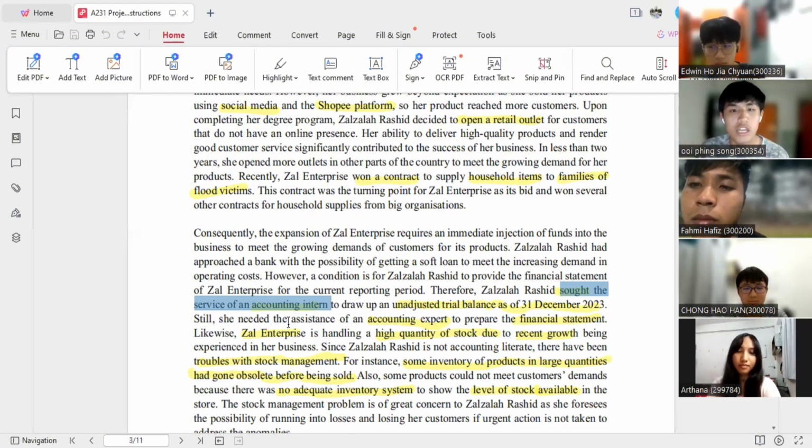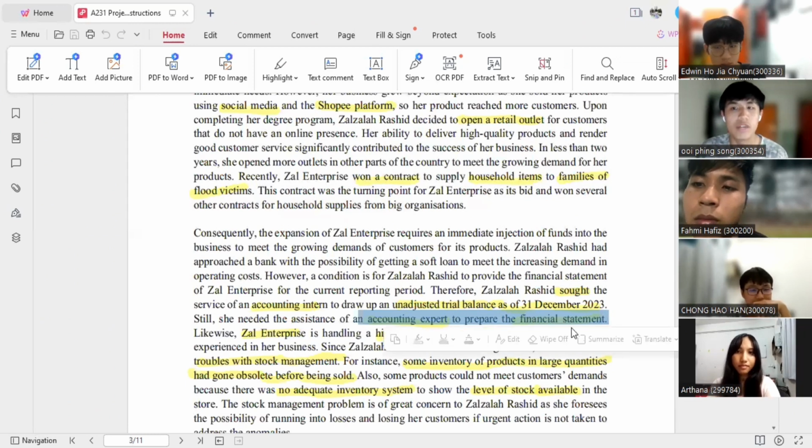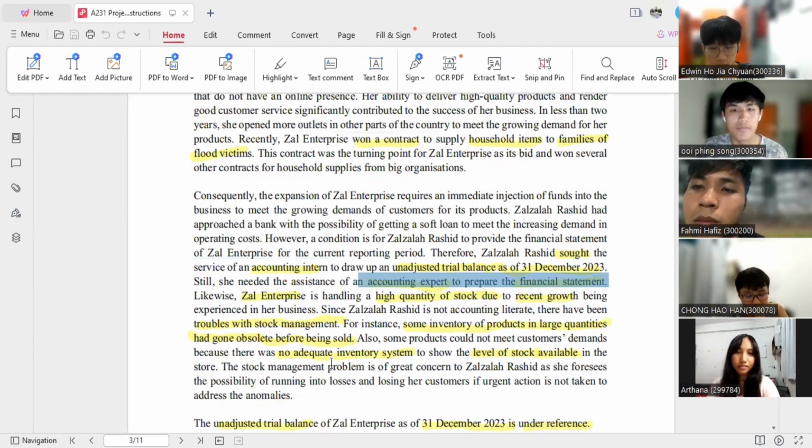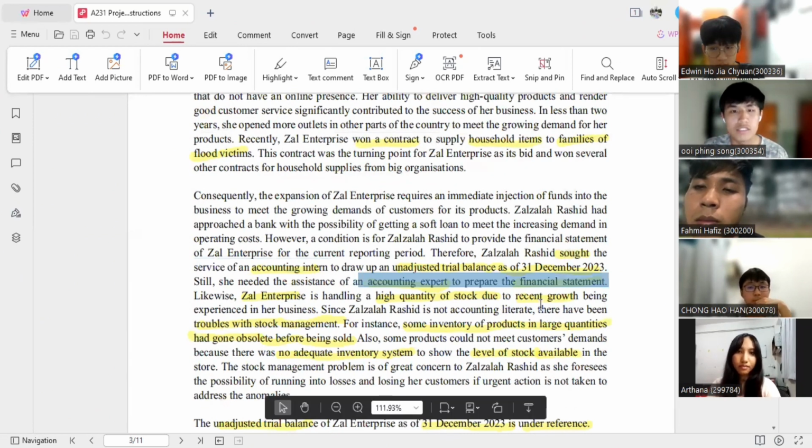But the enterprise still needs an accounting expert to prepare the financial statements: the statement of profit and loss, statement of changes in equity, and statement of financial position.